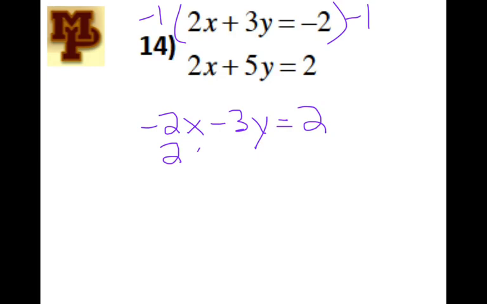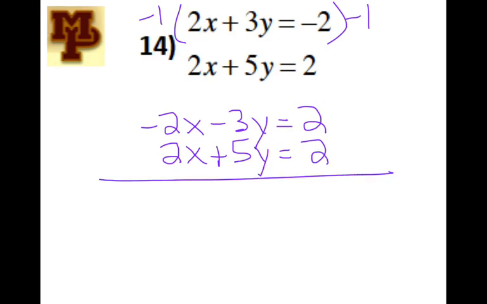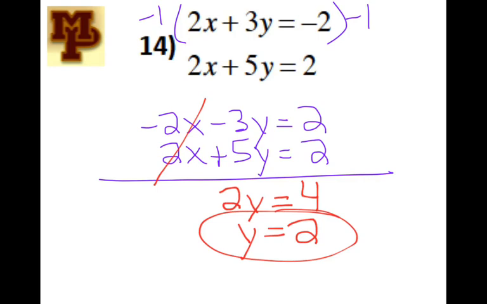Then I'm going to just rewrite the bottom one so it's a little bit closer. And now we're ready to add these together. When we do, the x's eliminate, and then we have negative 3y plus 5y, which is 2y, equals 4, and then divide by 2, so y equals 2.